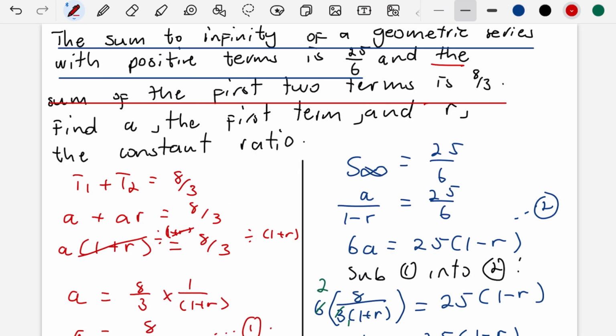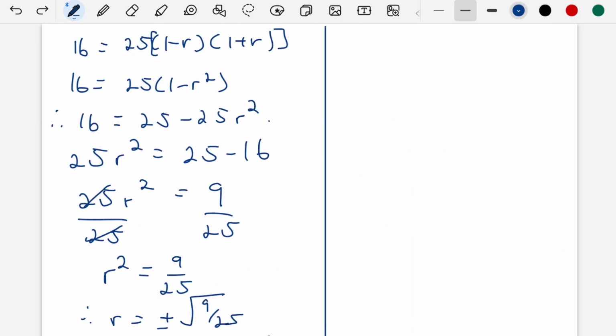But the only way a sequence can have positive terms is if r is positive. So the correct answer is the positive version. If a sequence has a negative r, for example, imagine the first term was 3 and the constant ratio was negative 2. The next term would be minus 6, because 3 times negative 2 is minus 6.